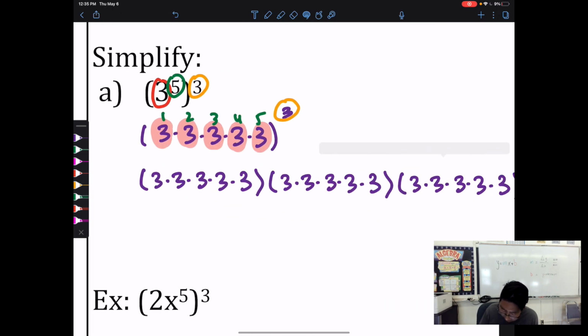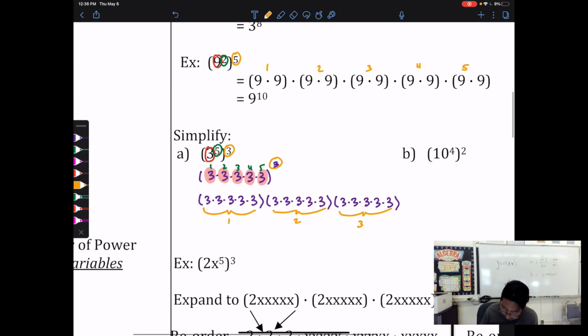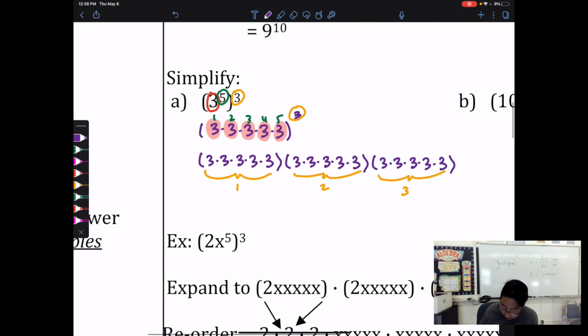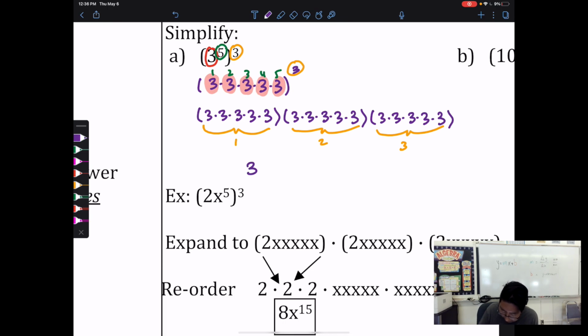And now you can see that it is all raised to the third power. 1, 2, 3. All right. And so now once I expand it, how many 3's do I have? I have 3 to the 15th. So that's my final answer here.